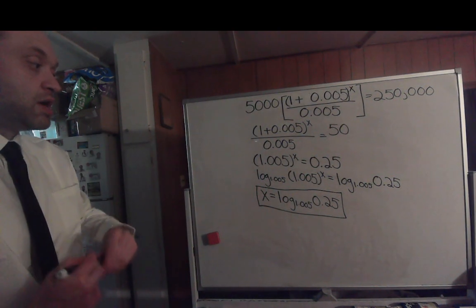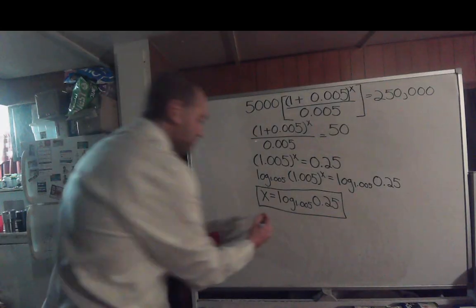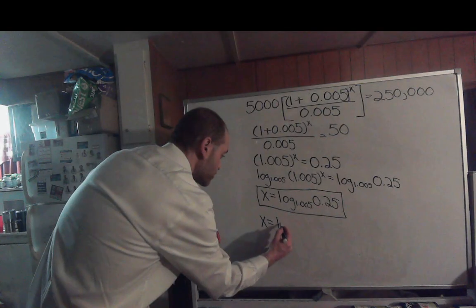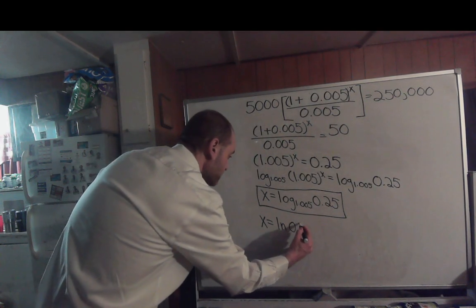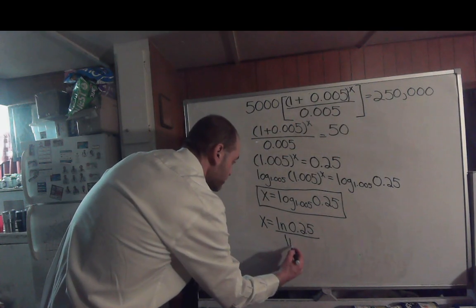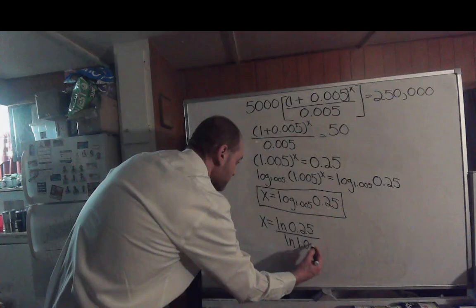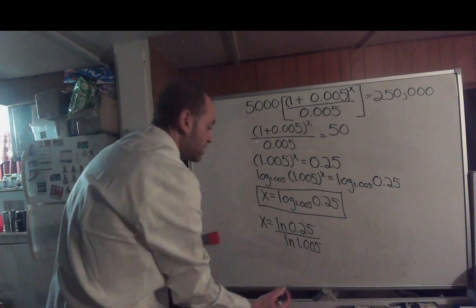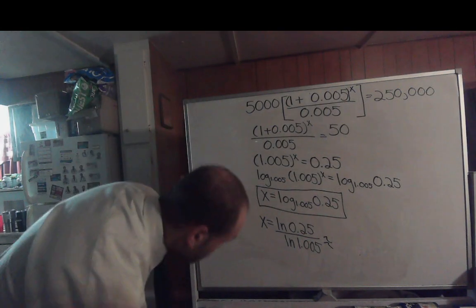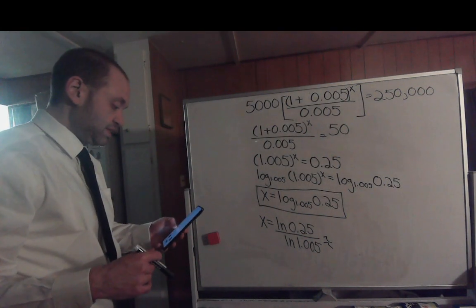Now, what about an approximate solution? So x would equal the natural log of 0.25 divided by the natural log of 1.005, which now we can take a decimal approximation to about 3 decimal places.